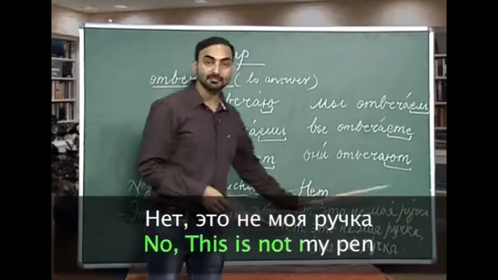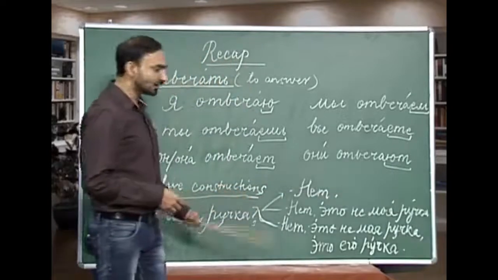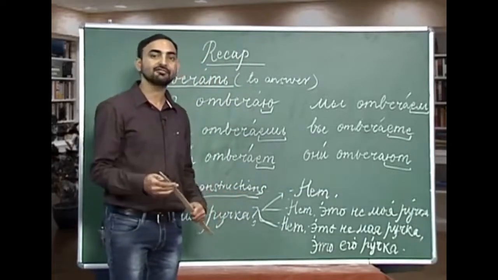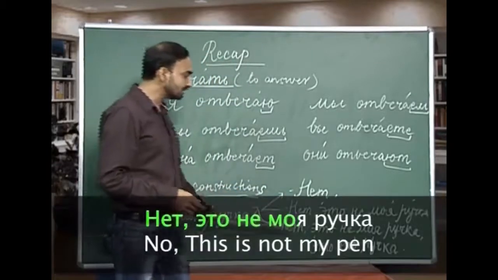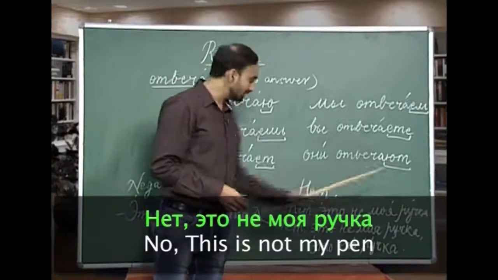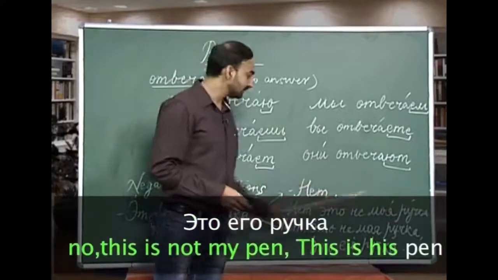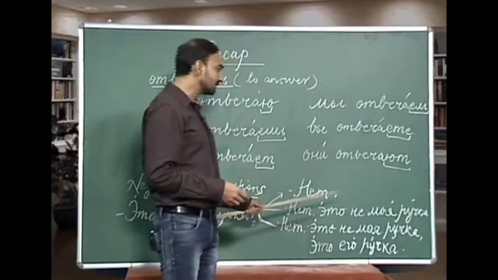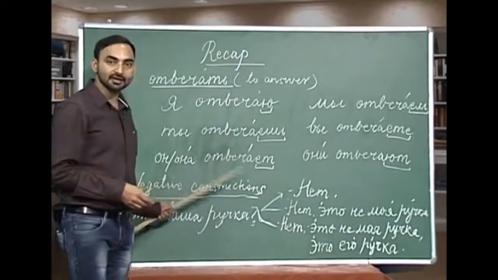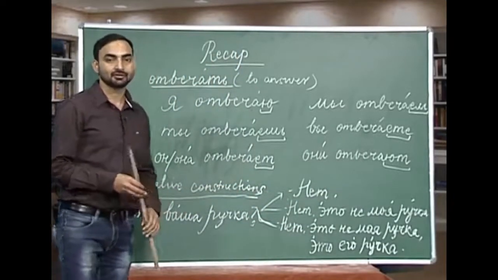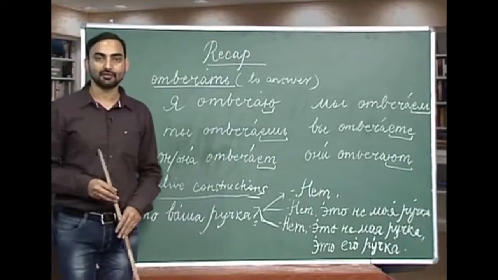No, this is not my pen. Or you can extend this information further. You can say нет, это не моя ручка, это его ручка. No, this is not my pen, this is his pen. So, this is how we denote negative constructions in Russian language. So, let us move on to the topics we are going to learn today.